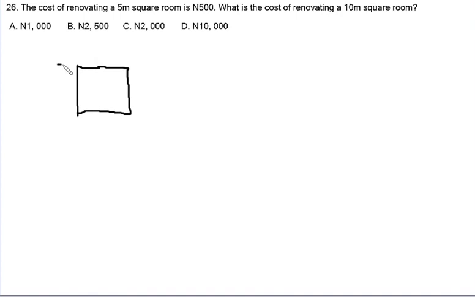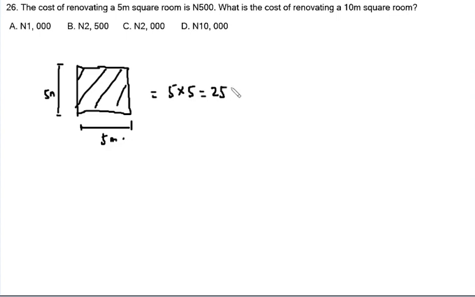You have here to here is 5 meters, and then here is 5 meters. So the area of this is equal to 5 times 5, which is 25 meters squared.